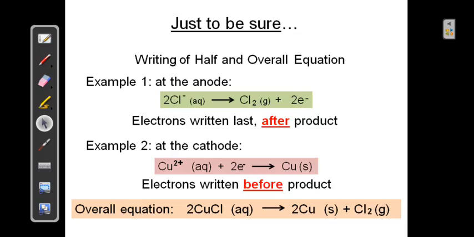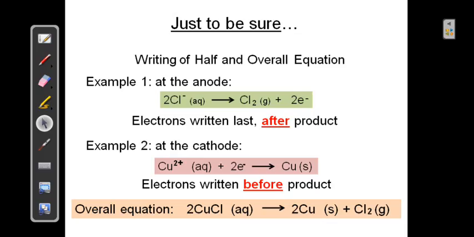In this overall equation, there is no need to write the electrons. The electrons are only written at the half equation level. On the overall equation, you just write the elements involved, the reactant and the product. So what is the reactant here? 2CuCl is the reactant, and the product is 2 copper and 1 chlorine molecule.